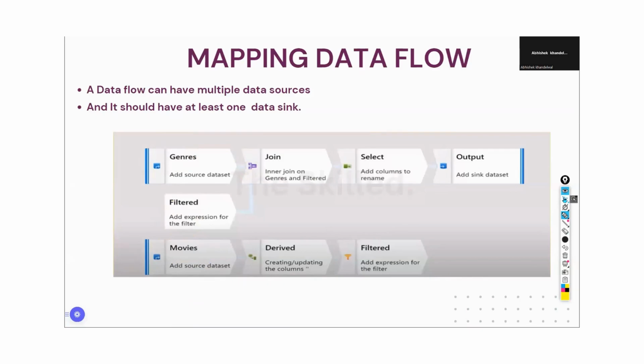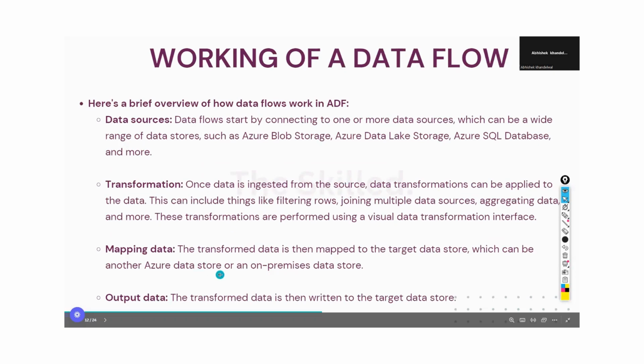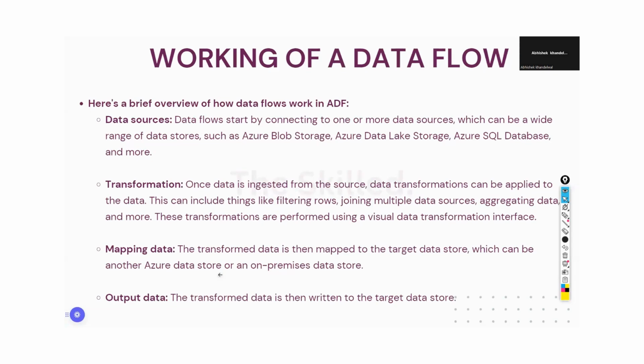Moving ahead, let's see how data flow works. As discussed, we have data sources, then transformations, and then we can send the data to an output store or apply other transformations, and at last we have the sink where the output is written.